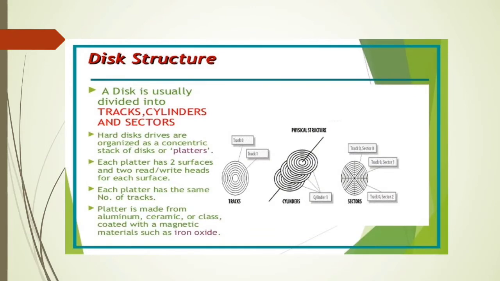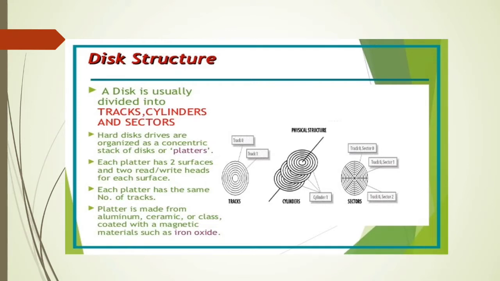Now, first let us see the structure of a particular disk. A disk is divided into multiple segments called tracks, cylinders, and sectors. Each disk has a component called platters.